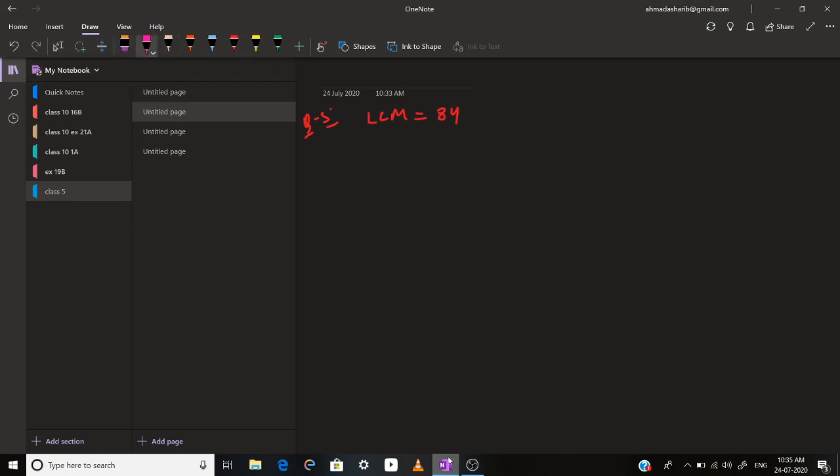The options are A 4, B 8, C 6 and D 21. So students, can 4 be the HCF? If you divide 84 by 4, 4 twos are 8 and 4 ones are 4.